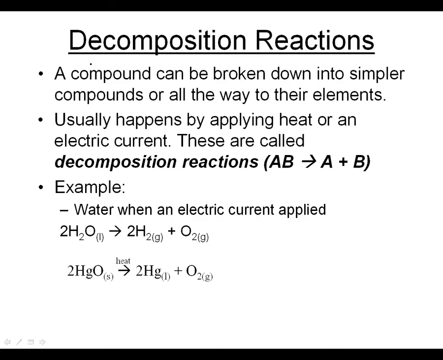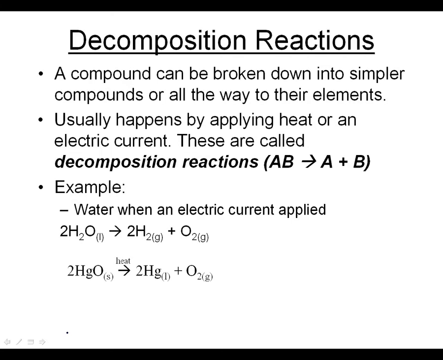And in a decomposition reaction, essentially what we're doing is the opposite of a combination or synthesis. So in a combination or synthesis reaction, we're putting it together. In a decomposition reaction, the general formula is one thing makes two or more things. So one thing breaks apart into two or more things.